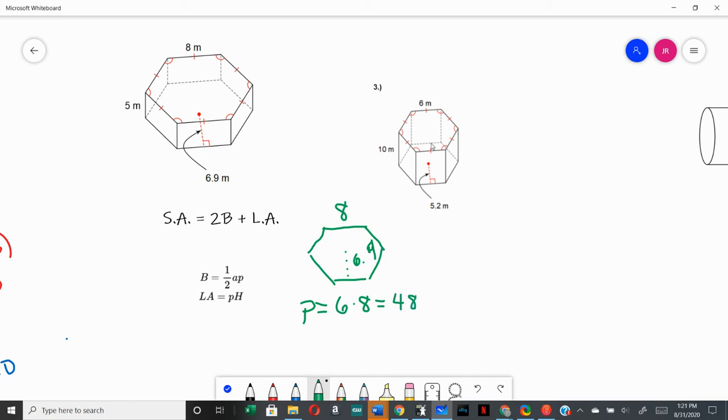How do I find the area? Area is 1/2 the apothem. That's the apothem. That's the distance from the center of the figure to the edge. That's 6.9 times the perimeter. I just found the perimeter. That's 48.